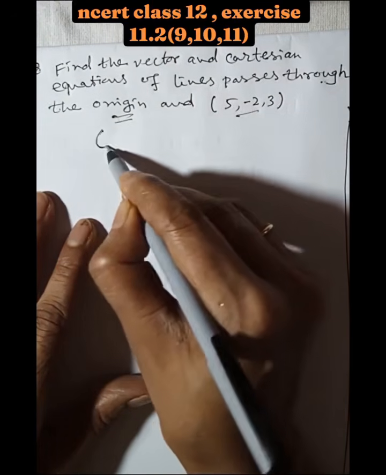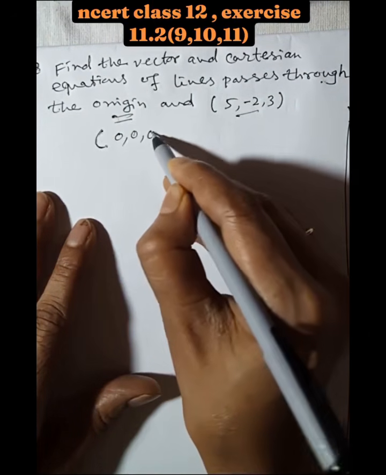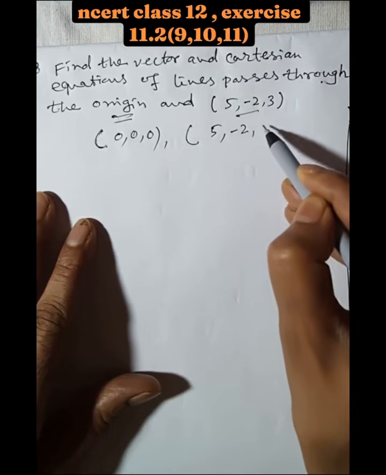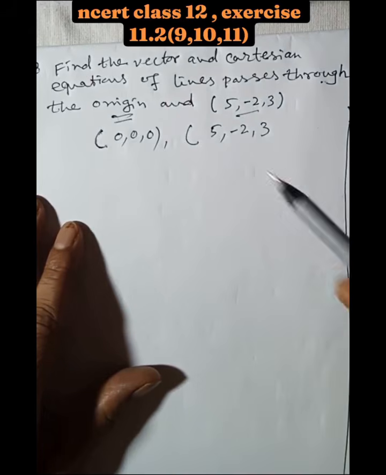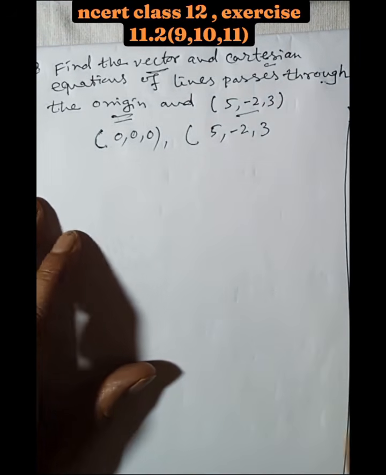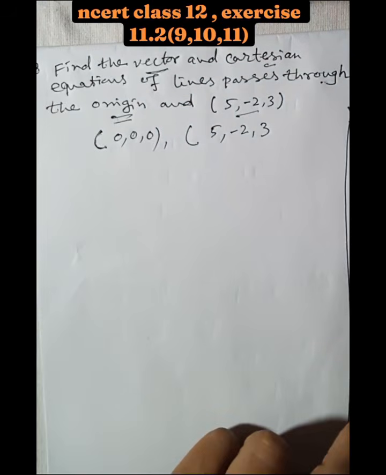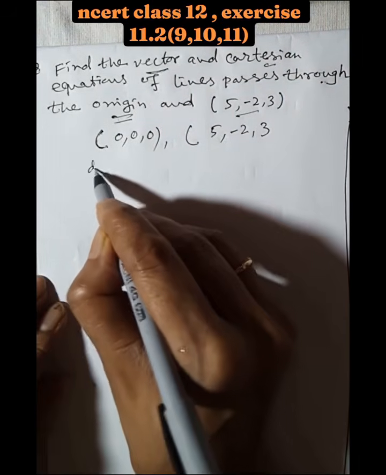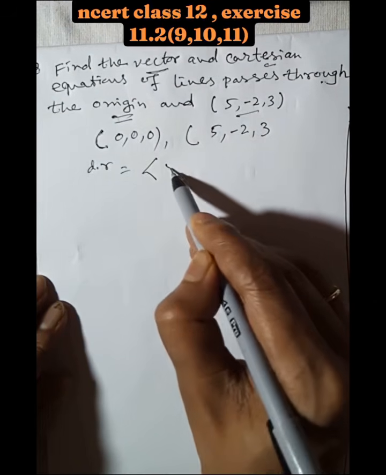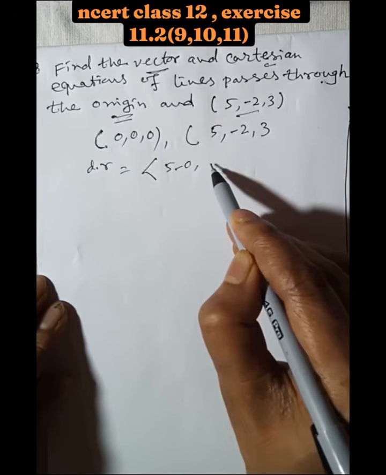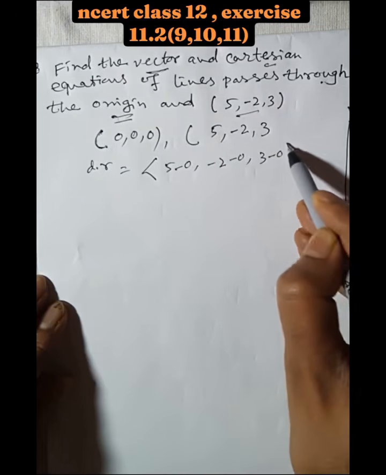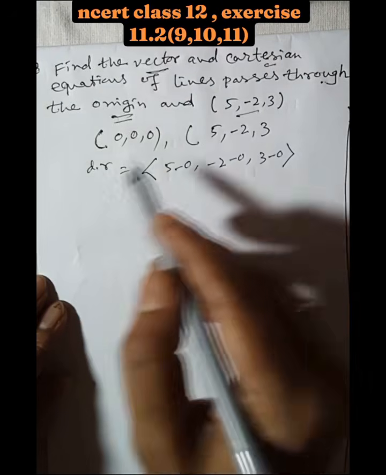We know the origin is (0, 0, 0) and the other point is (5, -2, 3). So our direction ratio is 5 - 0, -2 - 0, 3 - 0. This is our direction ratio.